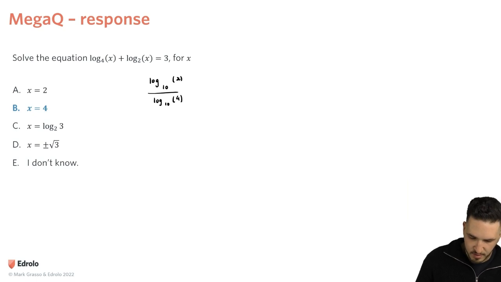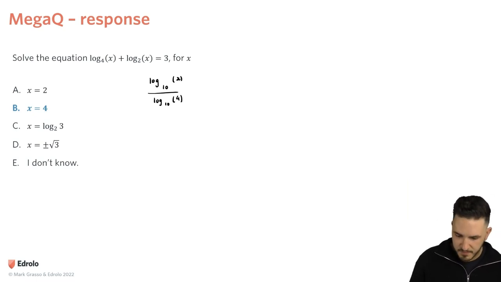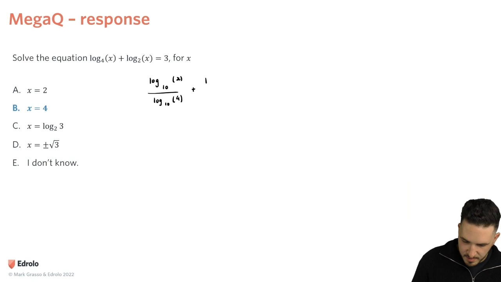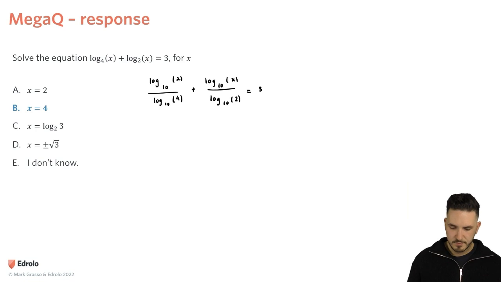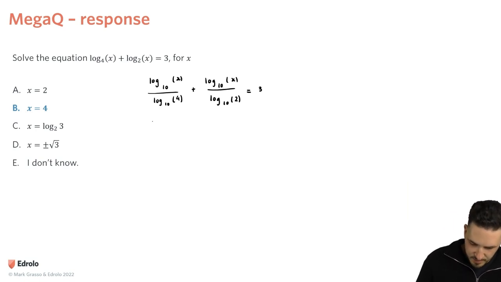That's just converting log base 4 of x to a log base of 10. Now plus log 10 of x on log 10 of 2 is equal to 3.